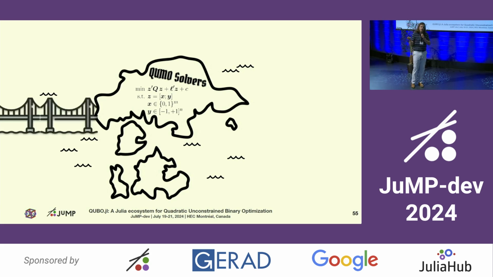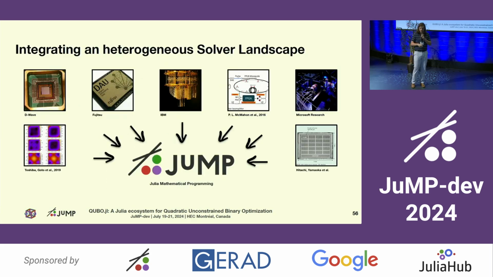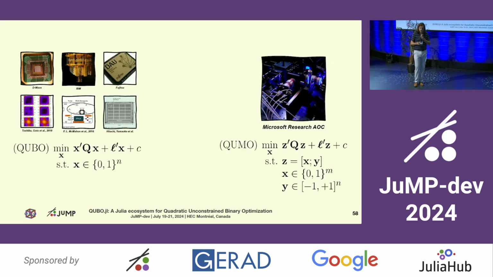So we are interested in integrating them as we did for the other kinds of hardware. The ones that support this are this lab at Microsoft Research, where I spent the last 3 months working. And as we can see, the only difference in the formulation is that you now have these new variables enclosed in a closed interval.